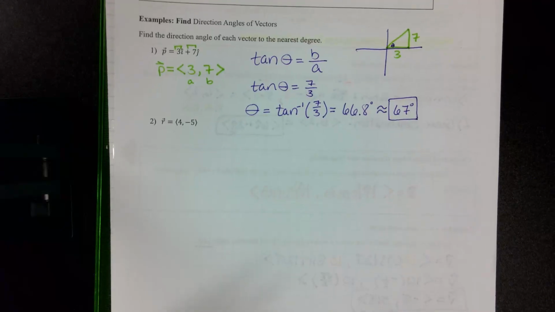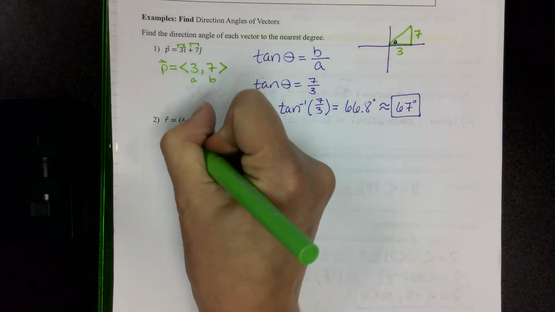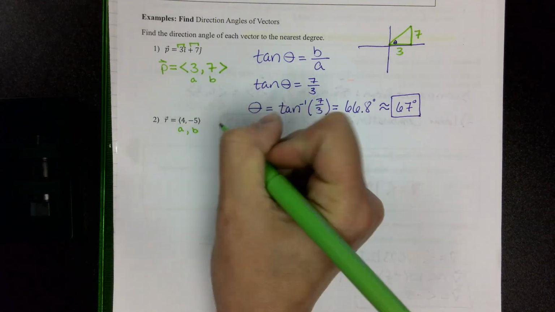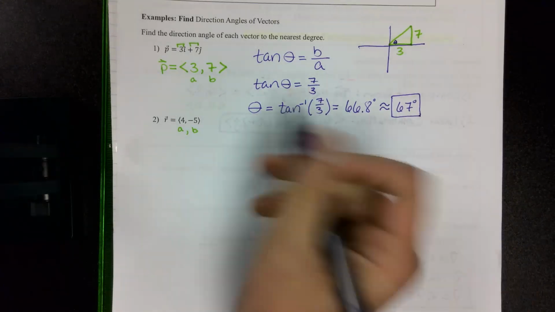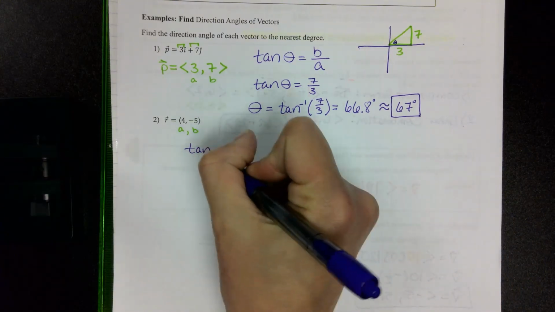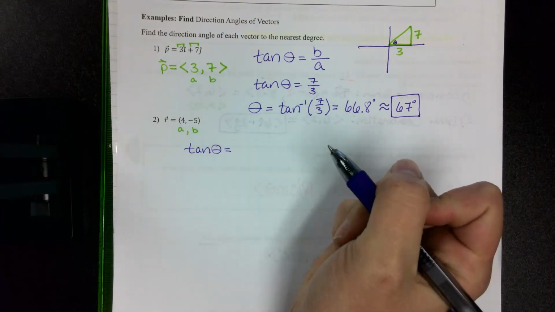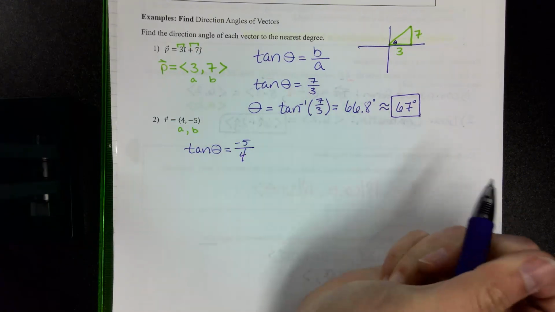One more example to try. Vector R. Again, first I want to write this in component form, oh, it is in component form. This is my A, this is my B. A is 4, B is -5. So I want the angle for this vector. Tangent theta equals B over A. B is -5, A is 4.